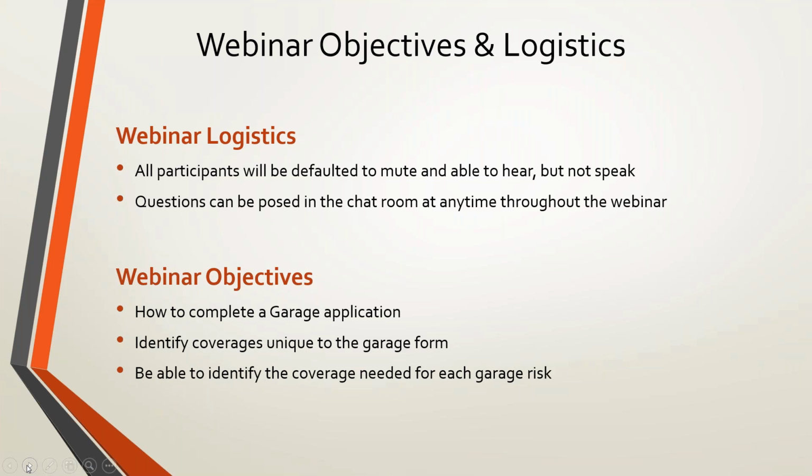And now, what are we going to talk about today? We are going to focus on how to complete a garage application, because it's a custom application that deals with different coverages than a general liability and property insurance would normally deal with. We're going to talk about the coverages that are unique to the garage form.